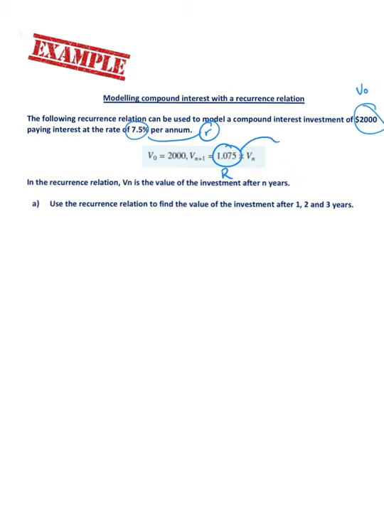So this value here was found by going R equals 1 plus r over 100, and we know that r was 7.5, so we're going to go 1 plus 7.5 divided by 100, which is going to give us 1.075. So that's how we found R within our formula.